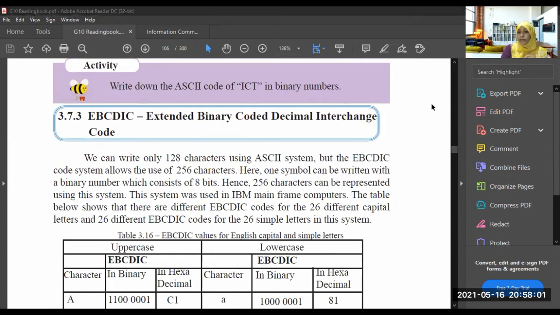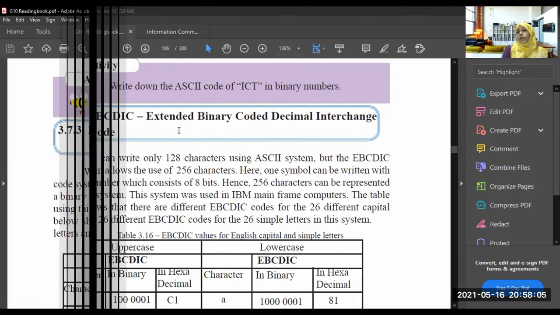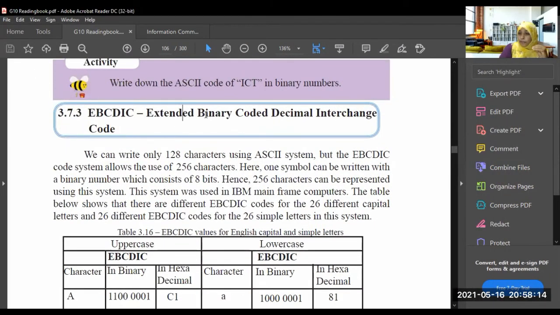The EBCDIC code system was introduced. It is the extended binary coded decimal interchange code. In BCD, they represented only the binary coded decimal. After that, they extended the BCD to make more characters.